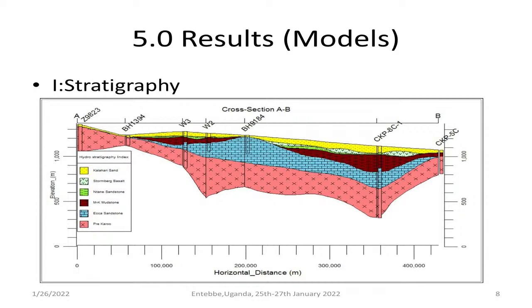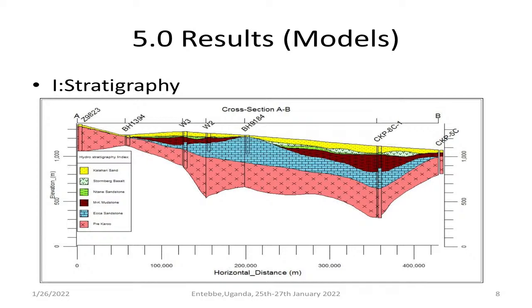By using Rockworks, which is a very simple software to apply, having re-rocked all the boreholes found in the area, we plotted them to see how spatially they plot in the big picture of the Kalahari-Karoo Basin. Then, using the Rockworks software, we were able to come up with the stratigraphy of the area.